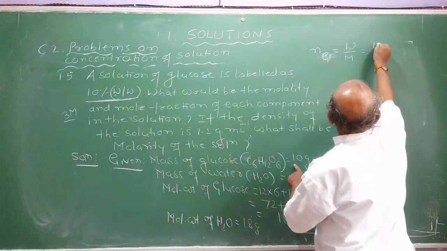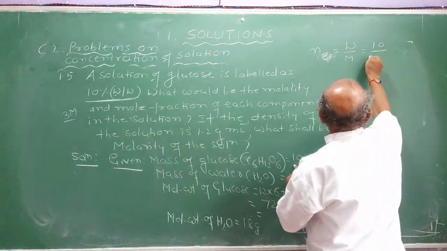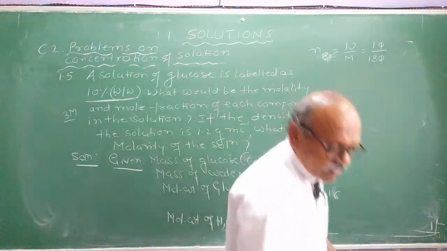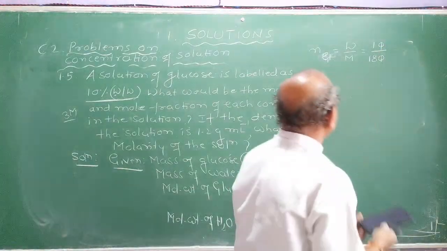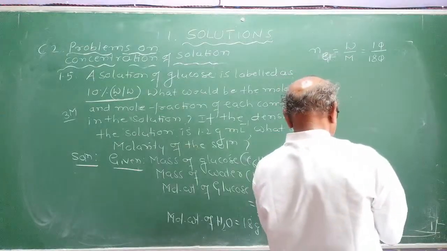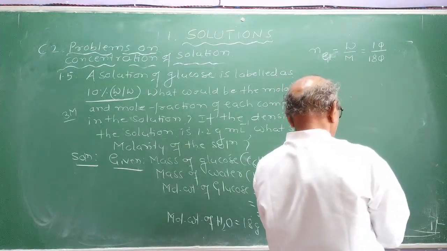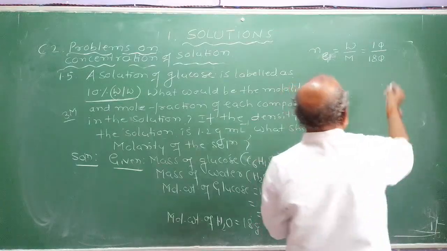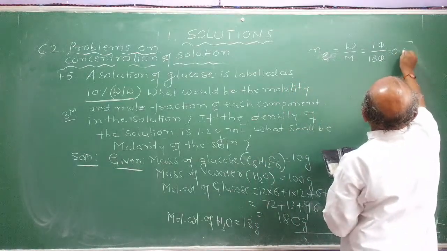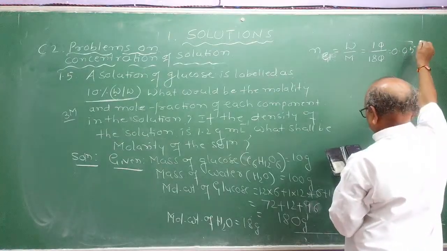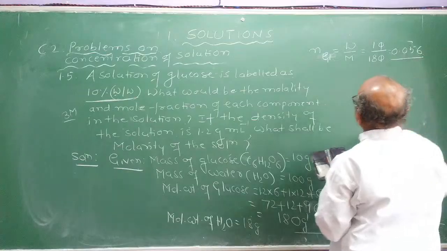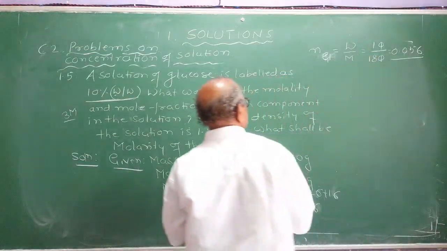Mass of the glucose is 10 grams. Molecular weight of glucose is 180. You just divide 10 by 180. Your answer will be 0.055 recurring. You can take 0.056 up to 3 decimal places.